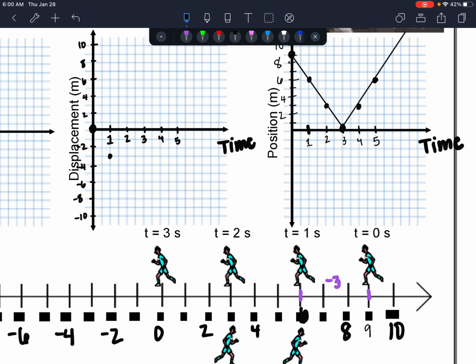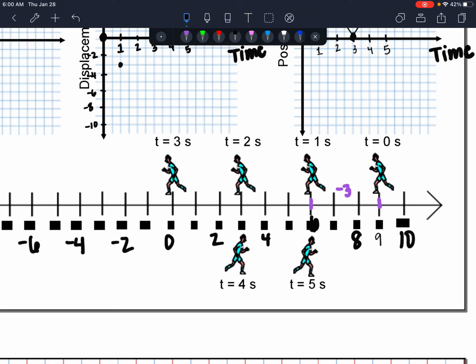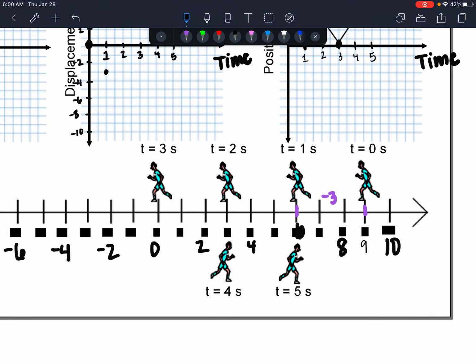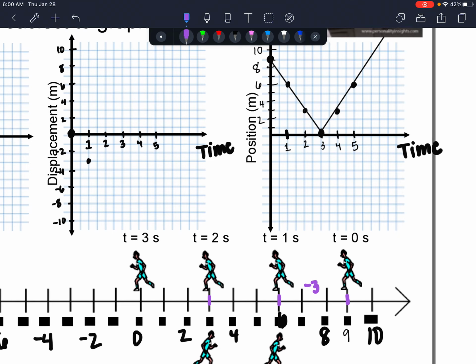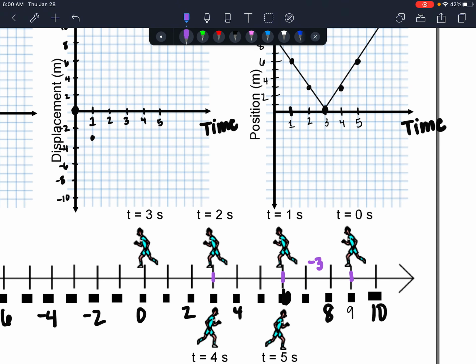And then at 2 seconds, what was the displacement there? At 2 seconds, my displacement was from 9 to 3, so that's a total of -6. So -6 would be down here.